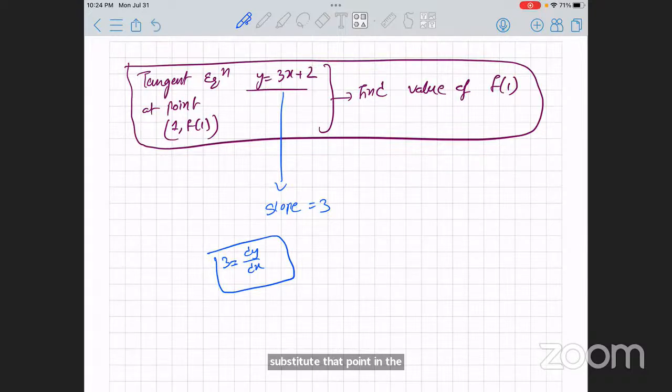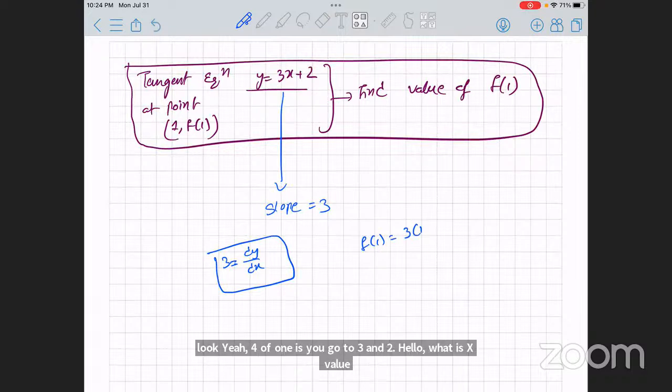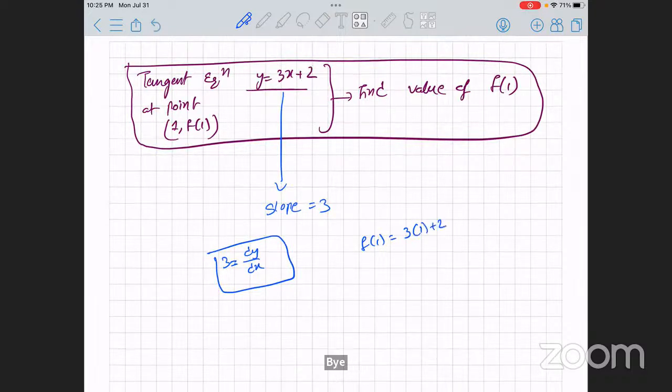Look, f of 1 is equal to 3 into, what is the x value? 1. Plus 2, 3 plus 2 equal to 5. F of 1 equal to 5. Clear?